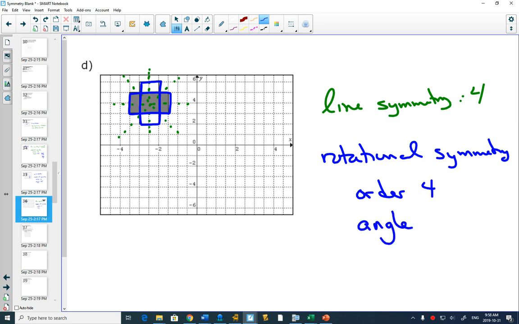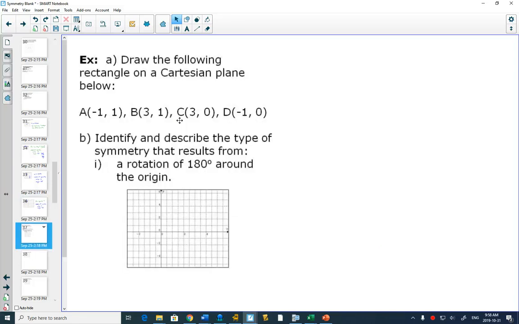What's the angle if the order is 4? 90 degrees. Awesome. Our next example.